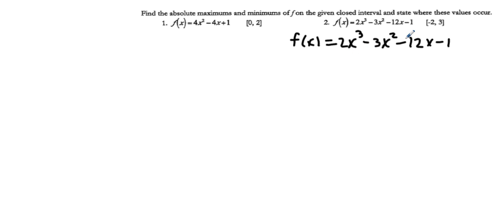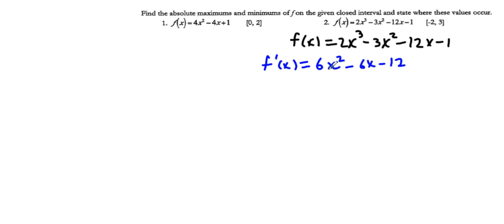So let's go ahead and find the critical points in this function to see if they lie within the endpoints of -2 and 3. First we find f prime of x, which is equal to 6x squared minus 6x minus 12.